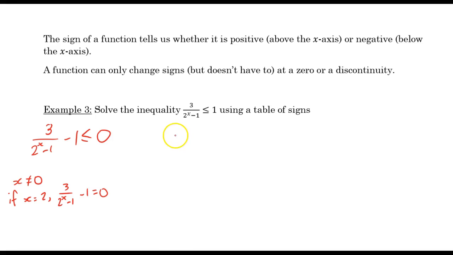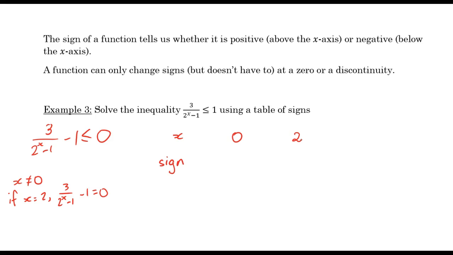I'm going to say x and the sign of my expression, the left-hand side here. So I need to check what happens when x equals 0 and when x equals 2, and what I also always want to do here is have a look at what happens on either side.